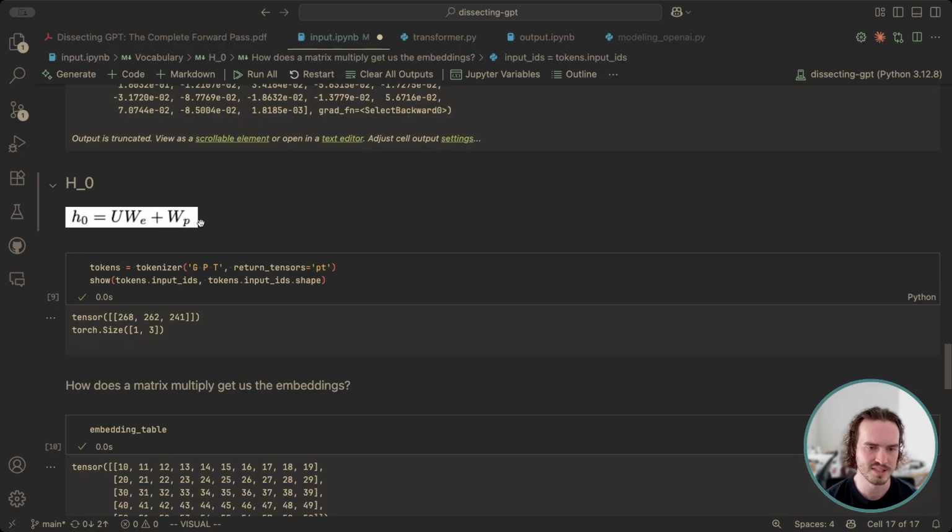So it was deemed insignificant, I guess, but understand that we are doing the same thing for both token and positional embeddings. We're grabbing the embedding representations that we care about, and then we're adding them together, and that is our first hidden state. Now we have translated our text into something that the model knows how to work with.